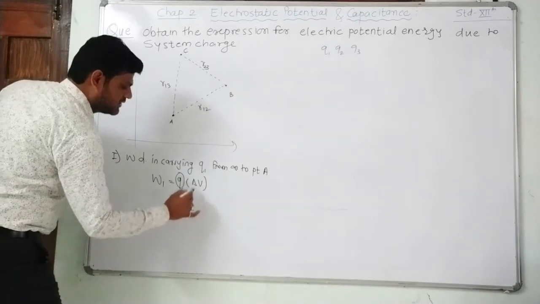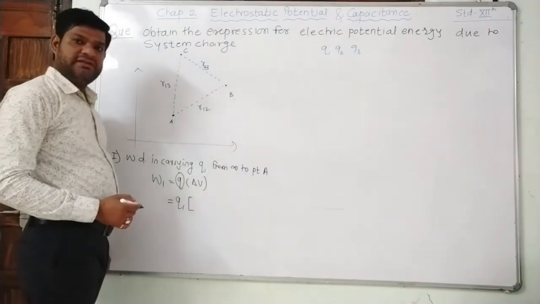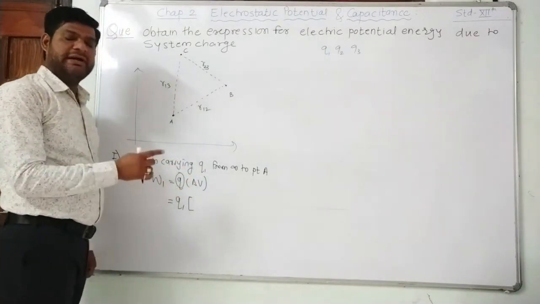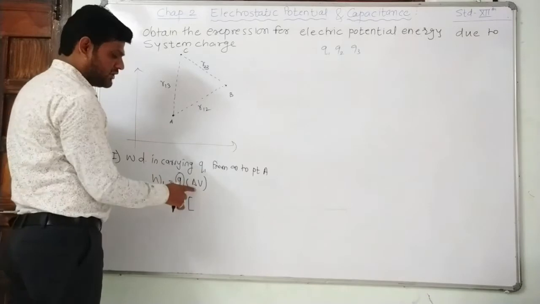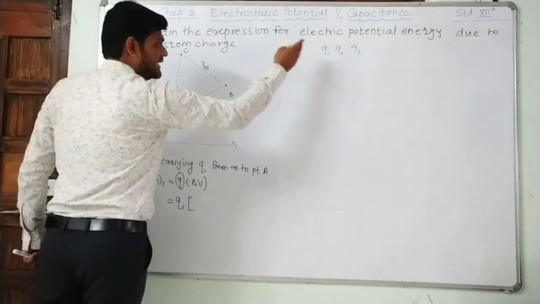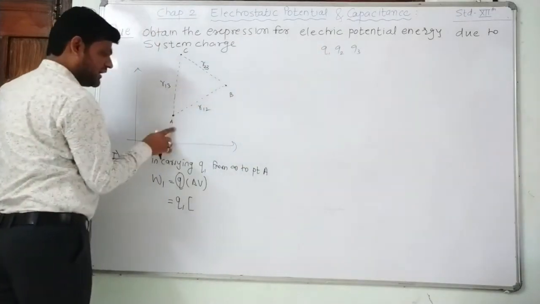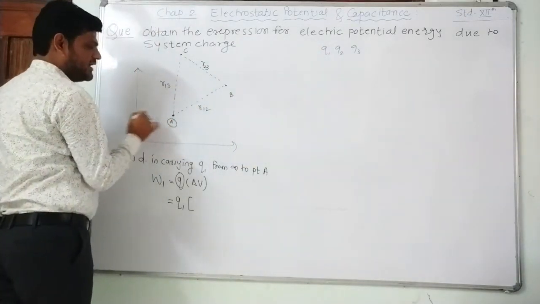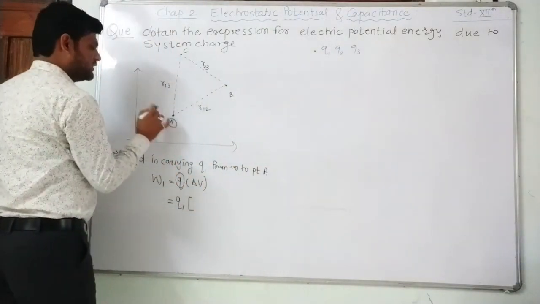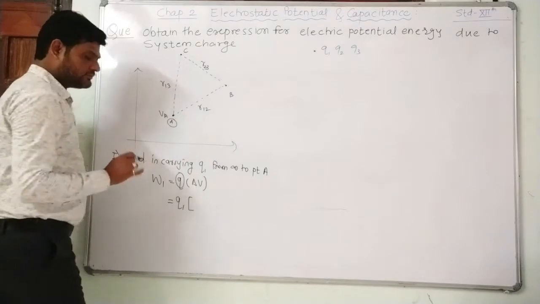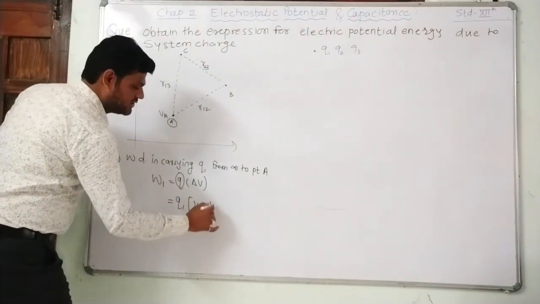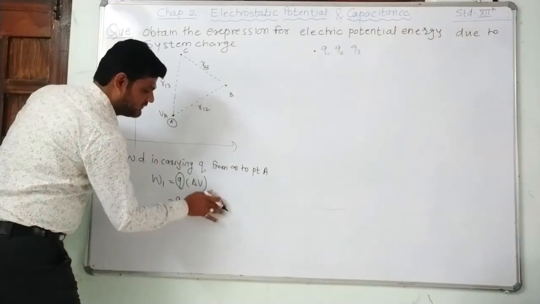What is delta V? It is the potential difference, potential of final point minus potential of initial point. We are carrying a charge from infinity to point A. So this point A is the final point and infinity is the initial point. So potential of final point is VA, and potential of initial point is the potential at infinity.